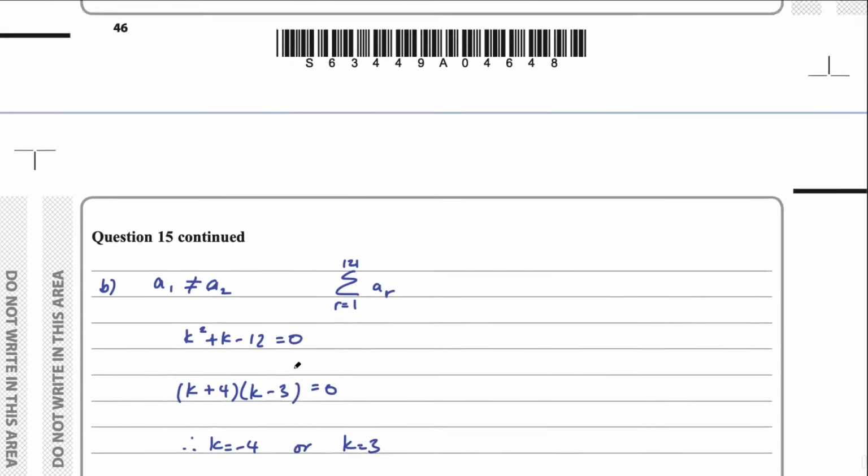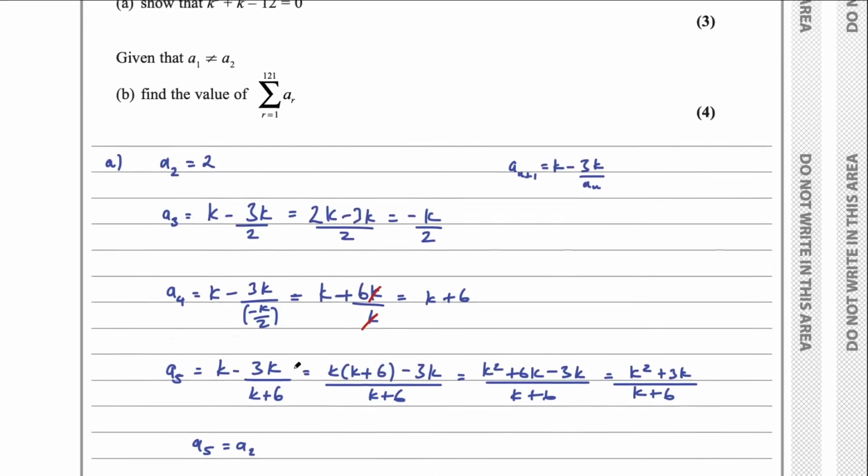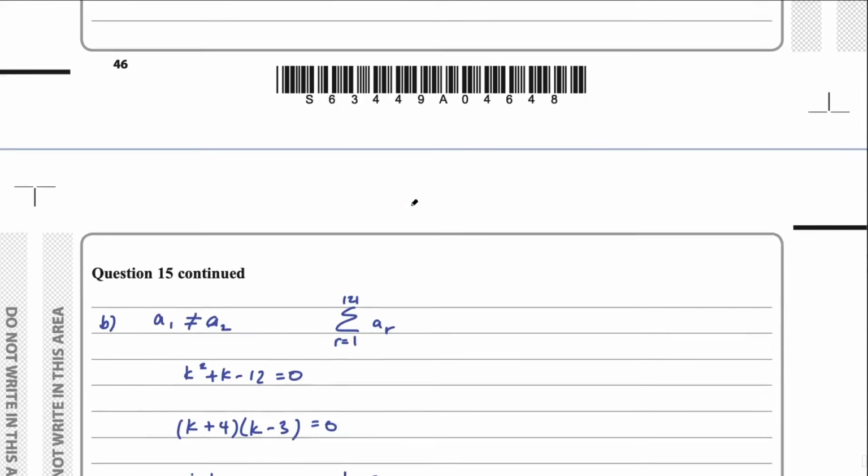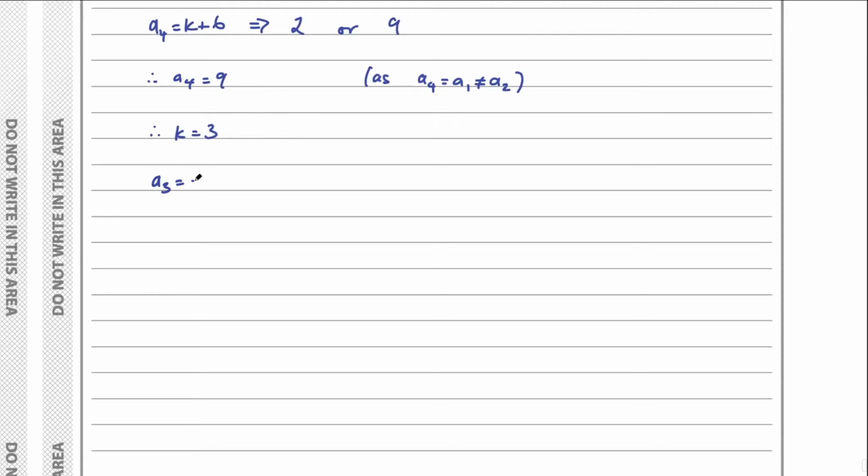Now we can find the 3 terms in this sequence. We have a2 and we have a4. We just need a3 to get all 3 terms, because remember, there are only 3 different terms in the sequence. The next one's going to be negative k on 2. So a3 equals negative k on 2. k being 3, this would be negative 3 on 2.